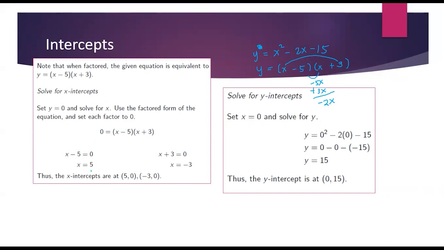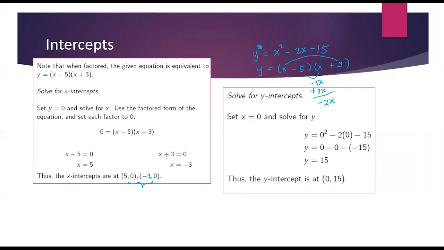Solving for x, I have x is equal to 5 and x is equal to negative 3. Therefore, our x-intercepts have coordinates (5, 0) and (negative 3, 0). Take note of these two points because we're going to plot them later.